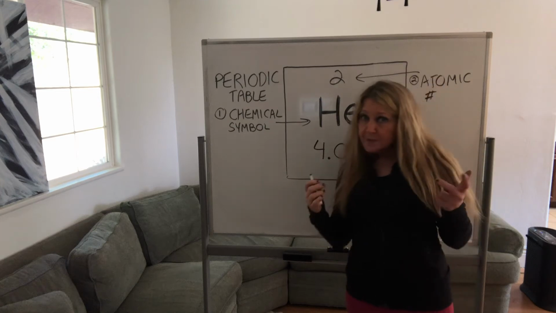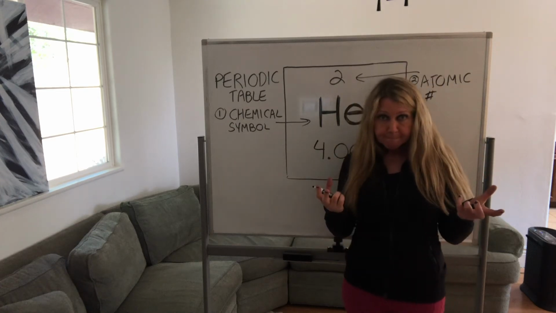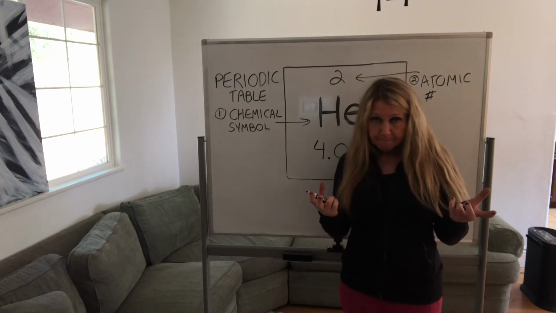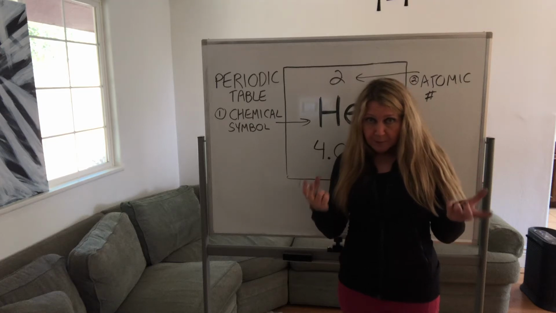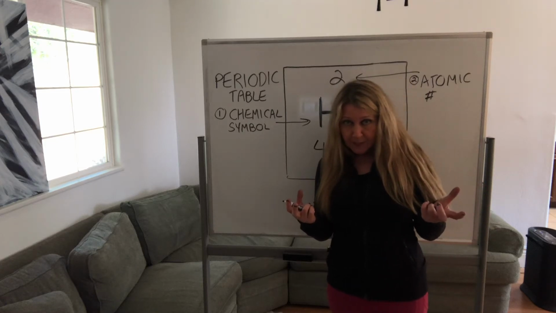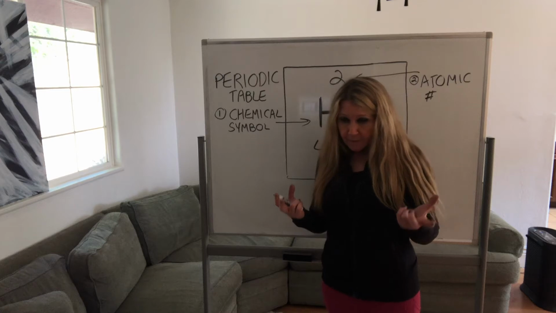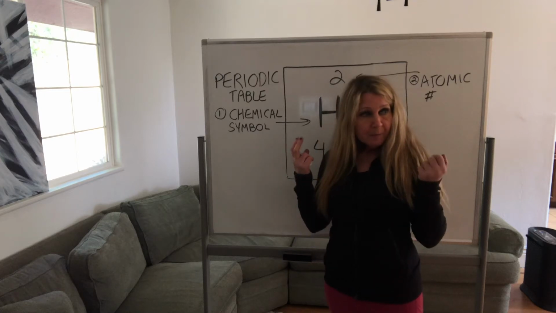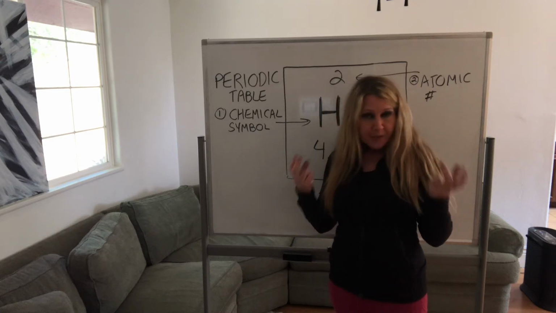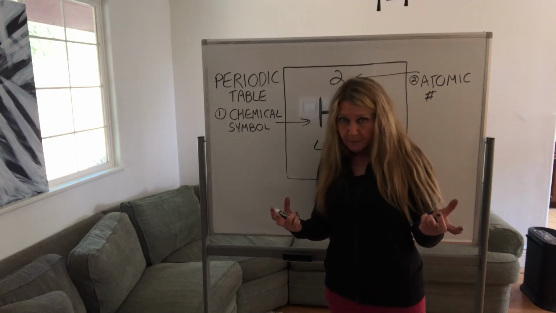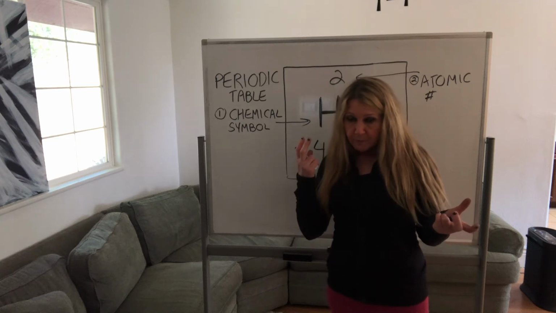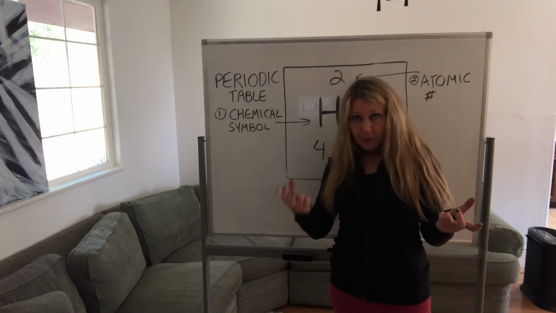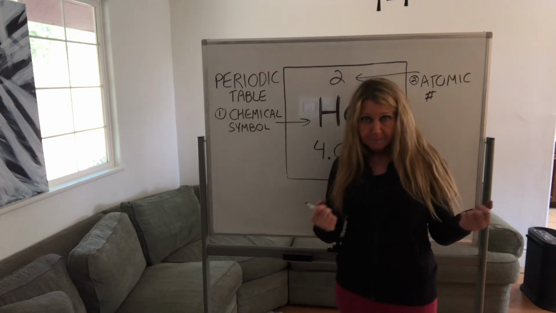And what does the atomic number mean? It's the number of protons in that atom. And this is really what makes these elements different.